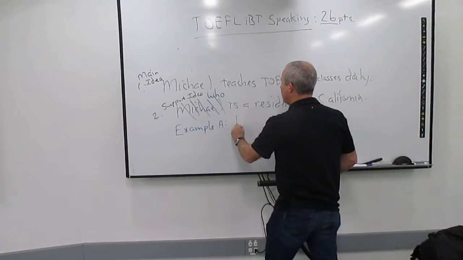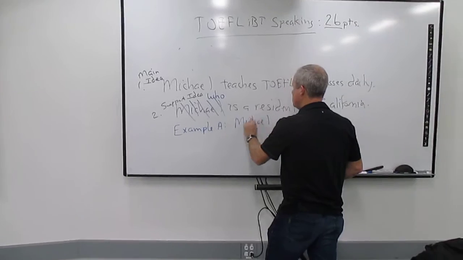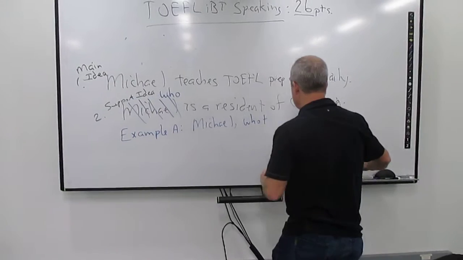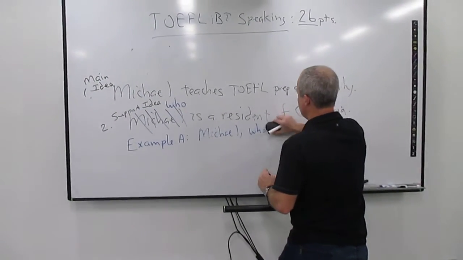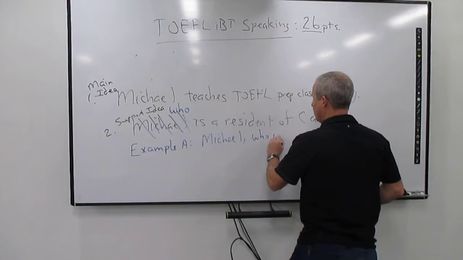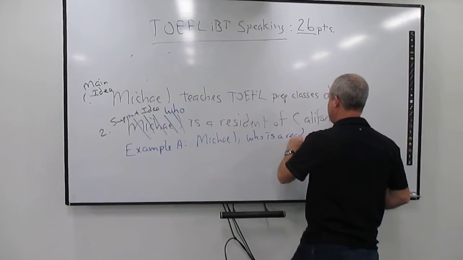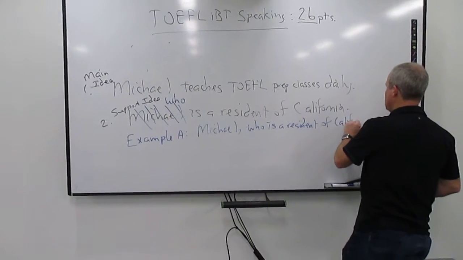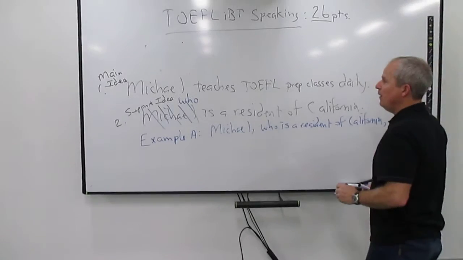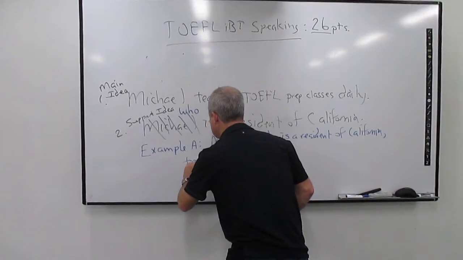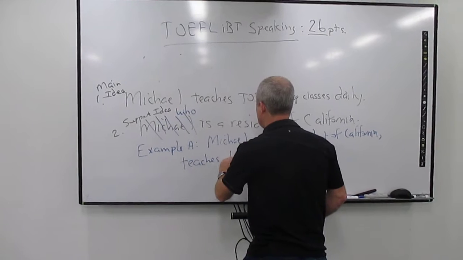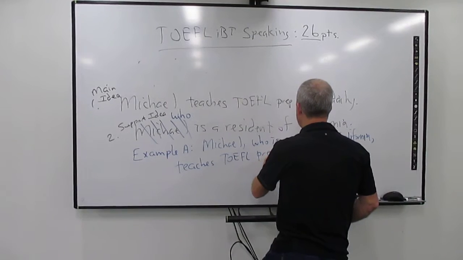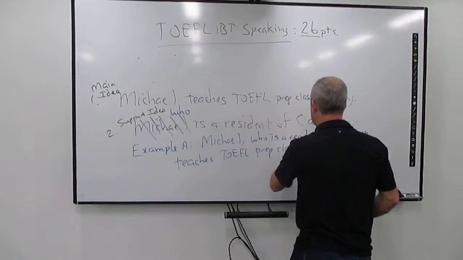So then I could say Michael, comma, who is a resident of California, and then we'll say teaches TOEFL prep classes daily.